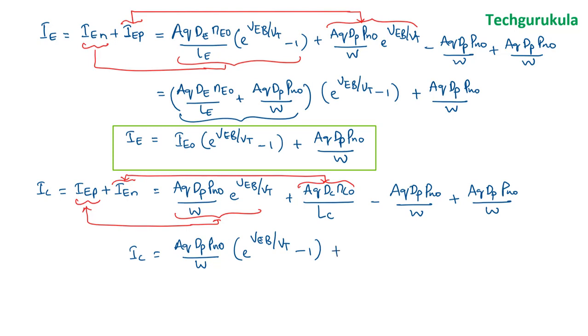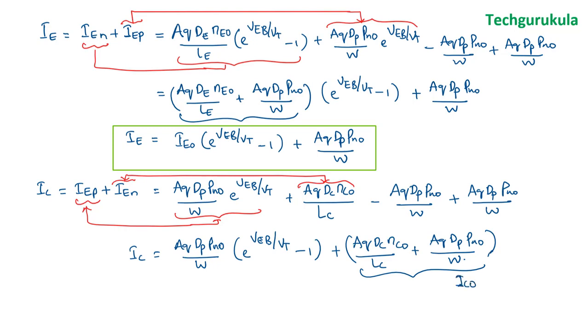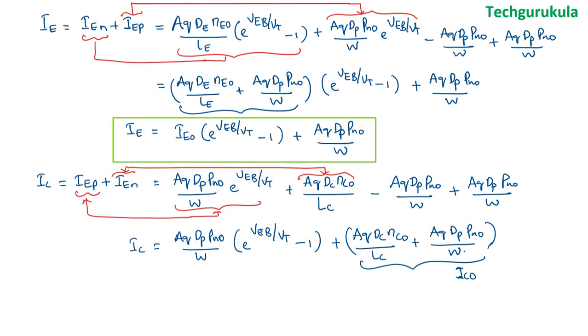Let me add that up, which is this term we can say as the IC0, which is basically the leakage current if there is only the collector base junction present, and that leakage current would be this IC0. So the collector junction leakage current. We can further reduce this equation into IC is equal to AQDP Pn0 over W times e power VEB over VT minus 1 plus IC0.